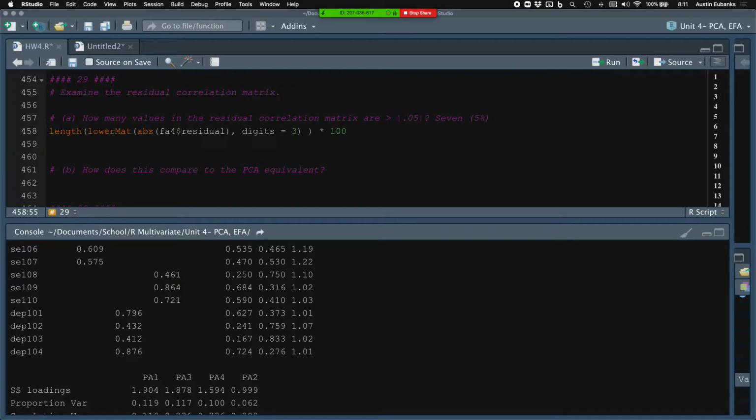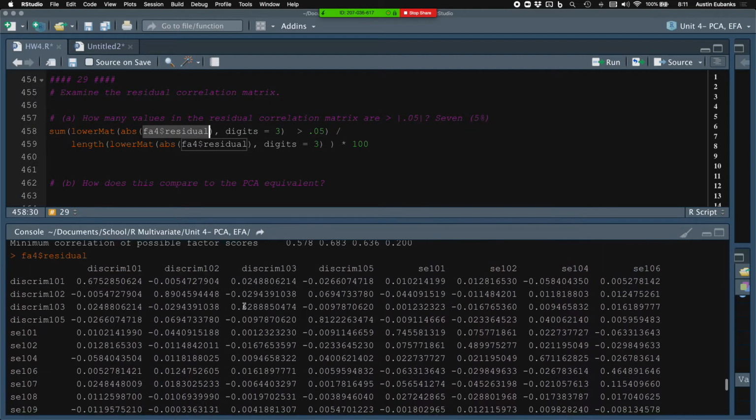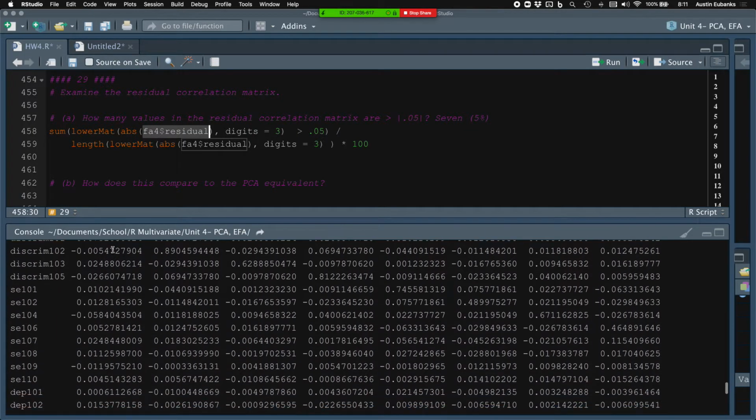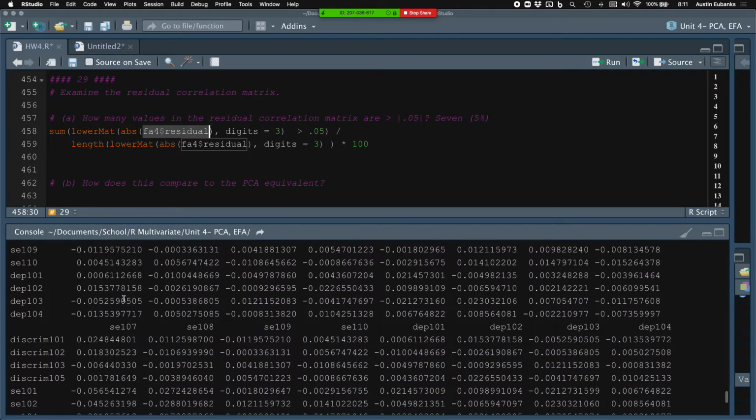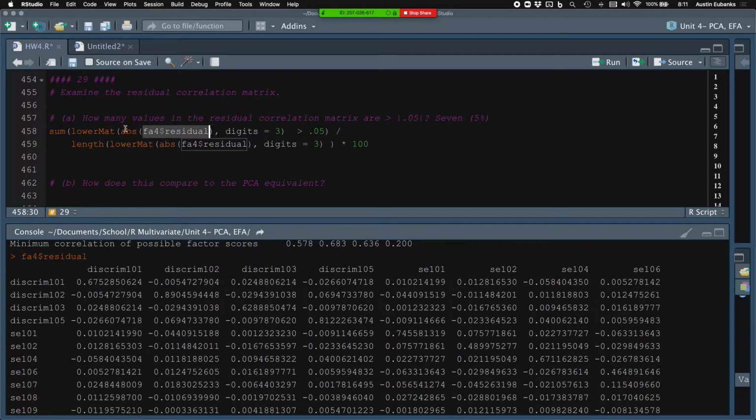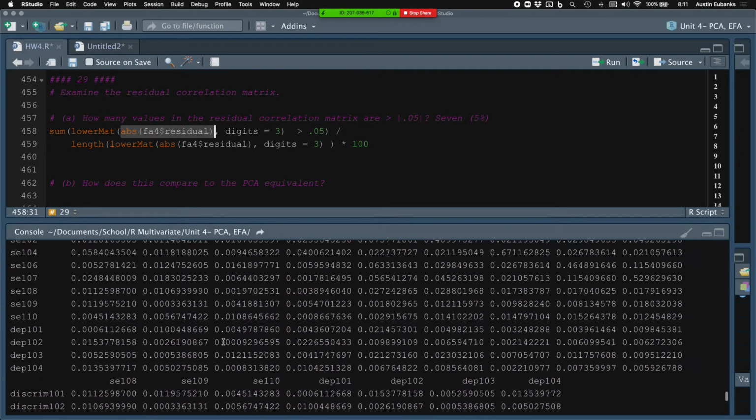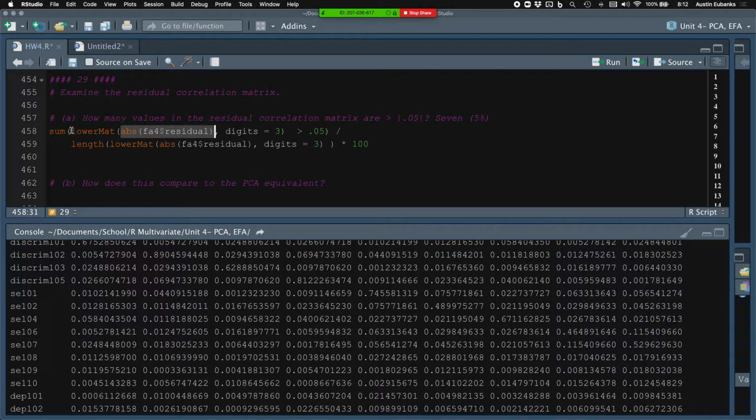So I'm just going to copy in a chunk of code here, and then we'll decompose it and look at what each piece does. Starting with FA4 residual, that's where we're actually calling that residual correlation matrix from our factor analysis, wrapping that in absolute value just to get rid of those negatives.